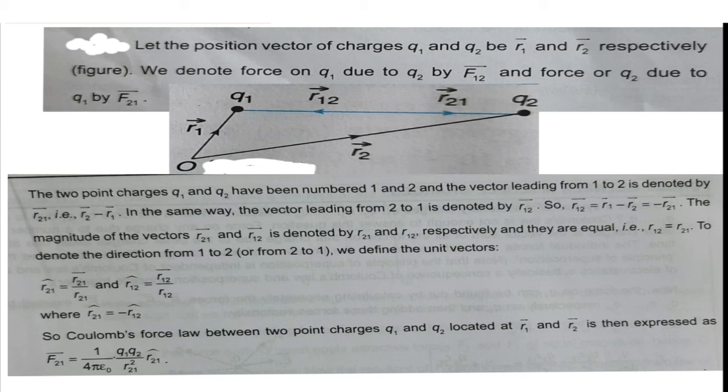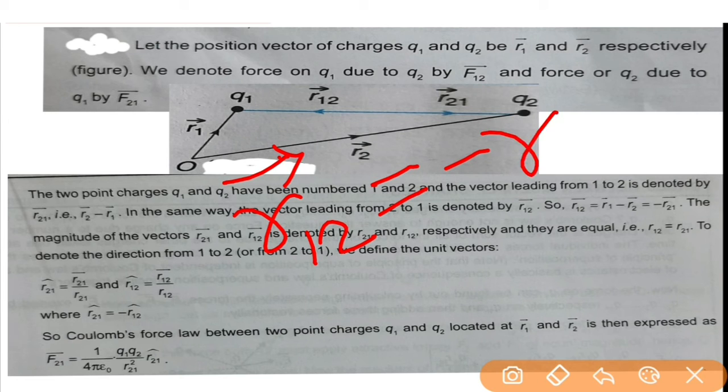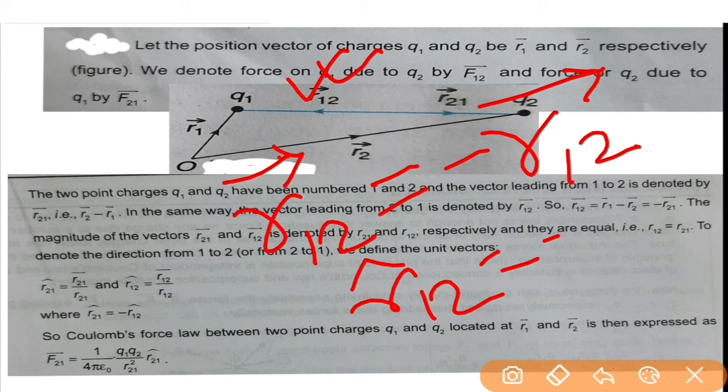Now we can write r21 vector equals minus of r12 vector from this figure, and also r12 cap is equal to minus of r21 cap.